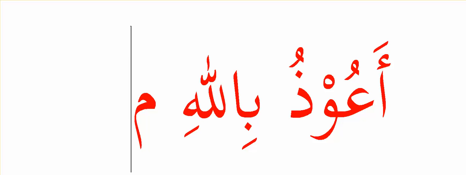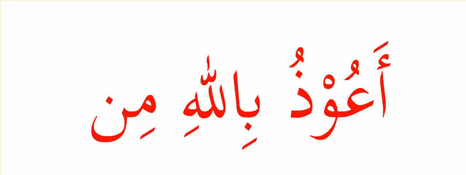So write the next word. It's meme. The next letter is meme. Say meme. And the meme has a kasra. Mi. After it is a noon. Say that noon. Noon.